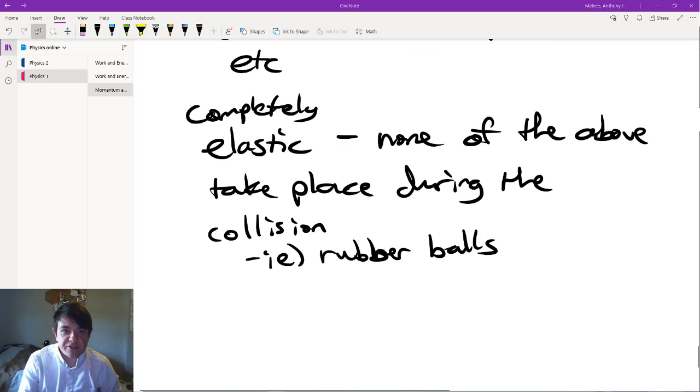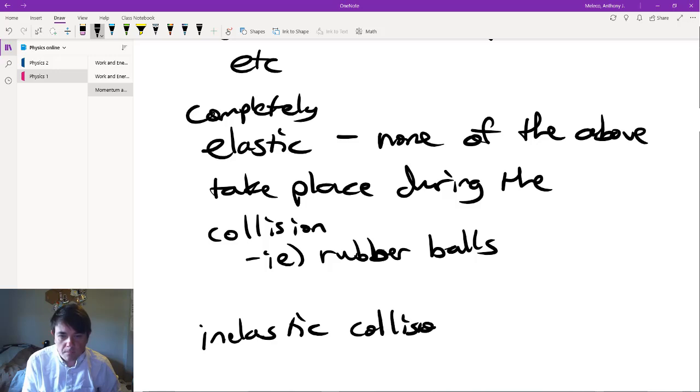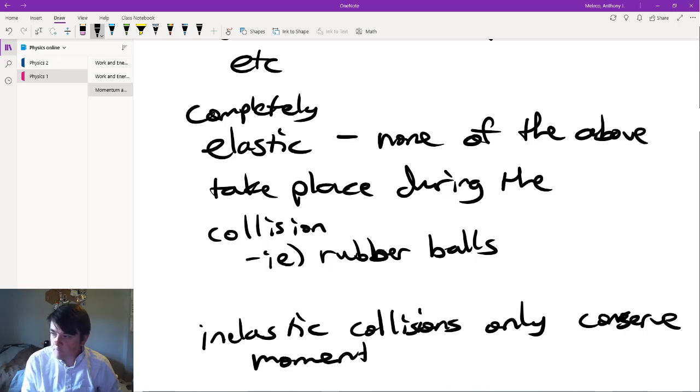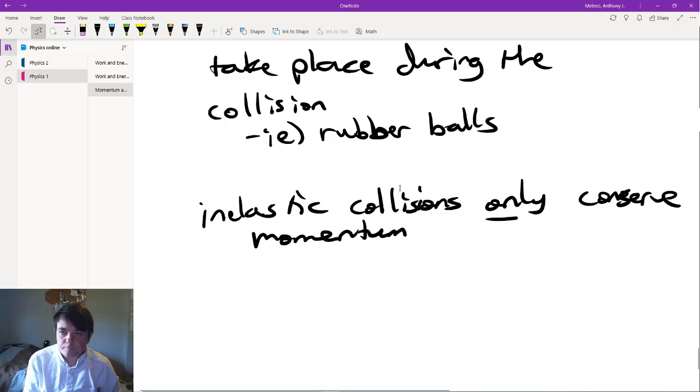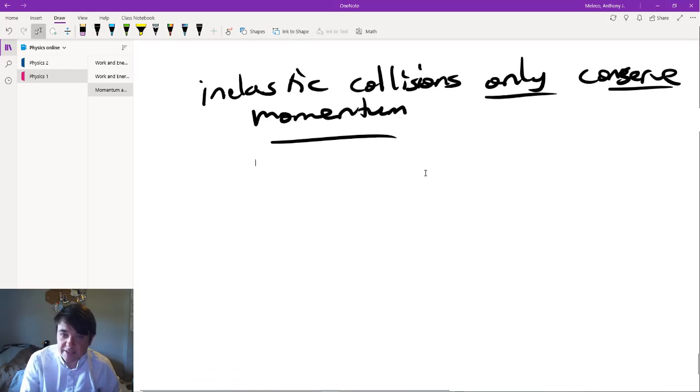A couple things I should say. Inelastic collisions only conserve momentum. So you can still conserve momentum there, but you can't conserve, as we'll talk about, energy in terms of kinetic energy.